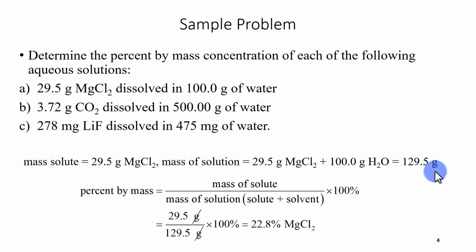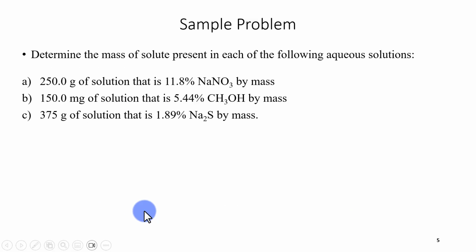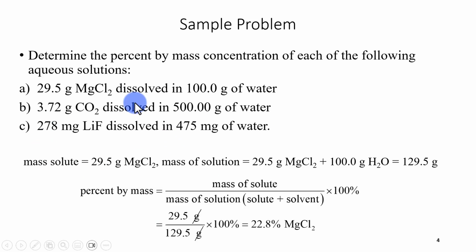Now, I can use this particular formula because I know everything that I need. I have the mass of the solute and the mass of the solution. So I divide 29.5 grams by 129.5 grams. My grams will cancel, multiply by 100 to give me 22.8% by mass magnesium chloride. I will give you some time to work on B and C.